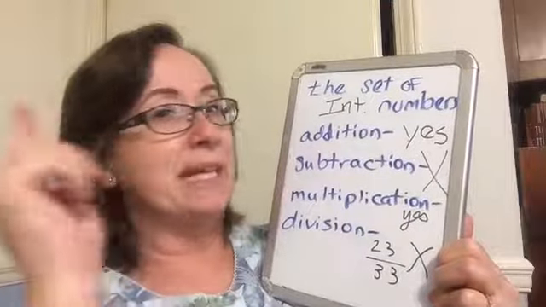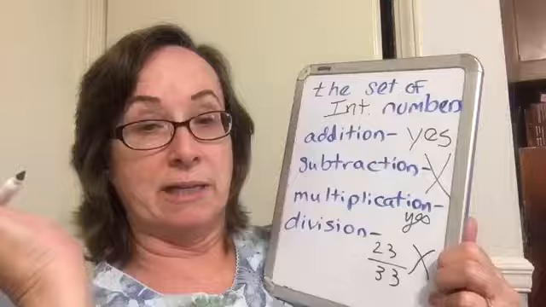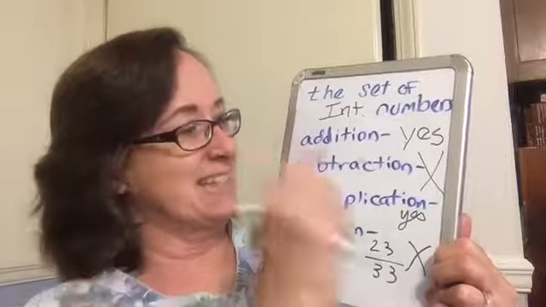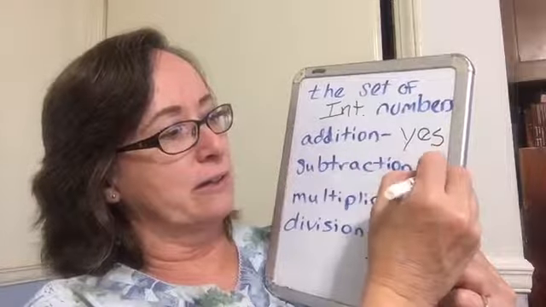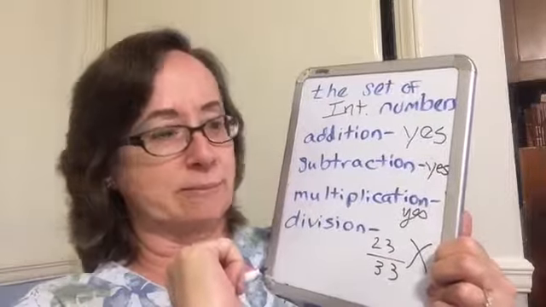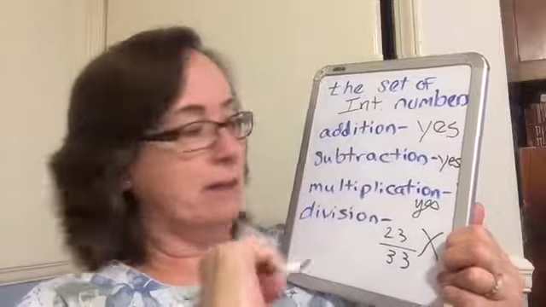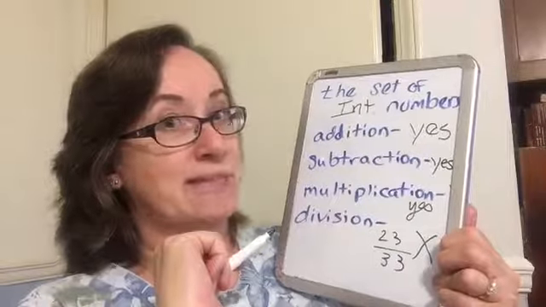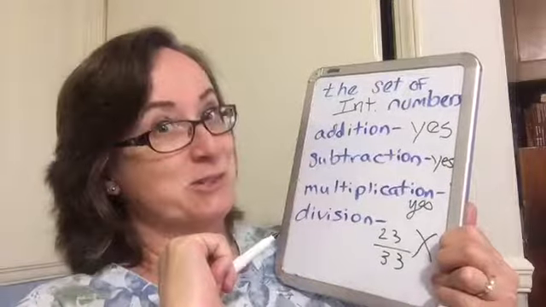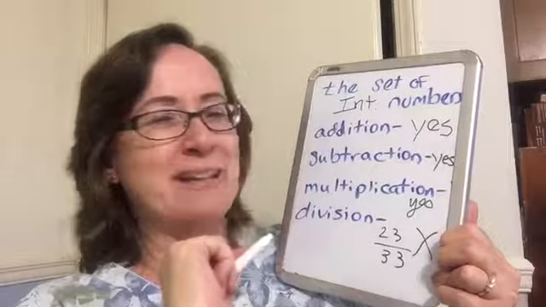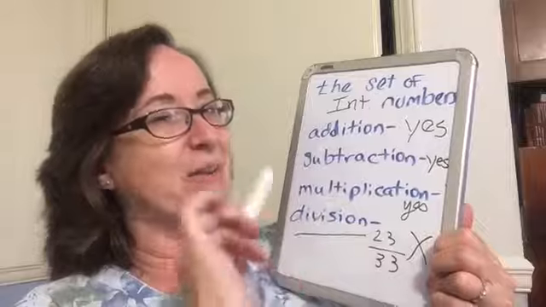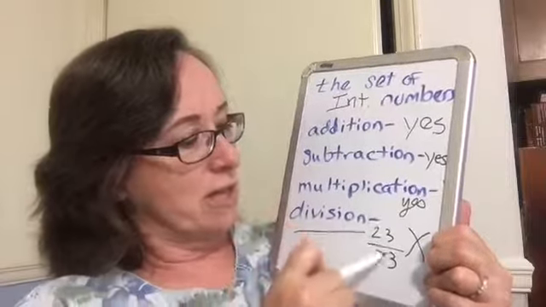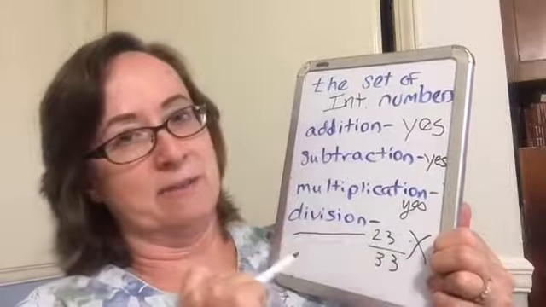If I subtracted any two integers, would I still get an integer? The answer is yes. So the integers are closed under subtraction. What about multiplication? If I multiply two integers together, do I still have an integer? The answer is yes. The only one that integers don't work for is division. If I divide two integers, I can go outside the set of integers. So this one would stay a no.